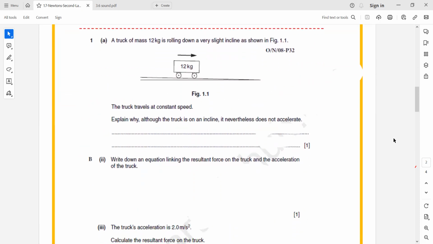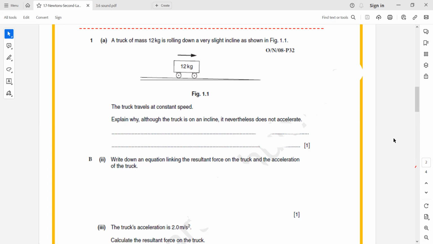See, in this question, a truck of mass 20 kg is rolling down a very slight incline as shown in the figure. The truck travels at constant speed. Explain why, although the truck is on an incline, it nevertheless does not accelerate.